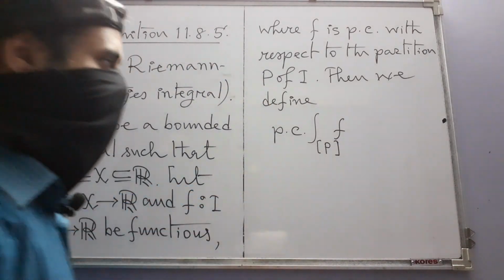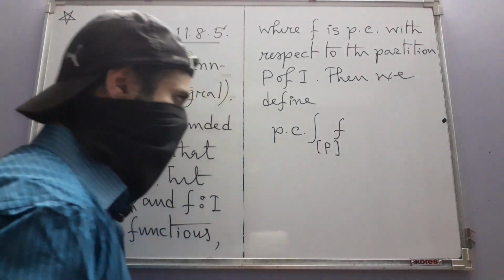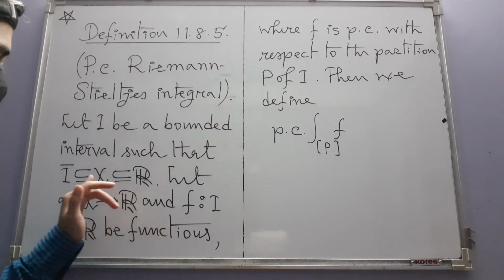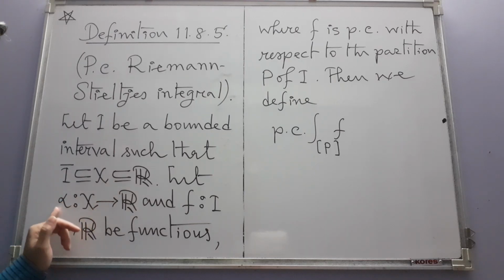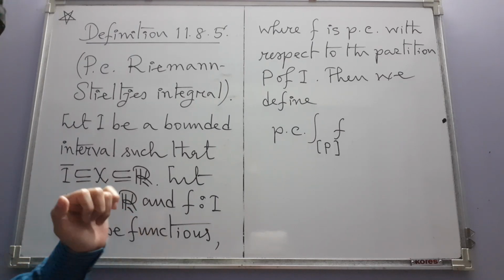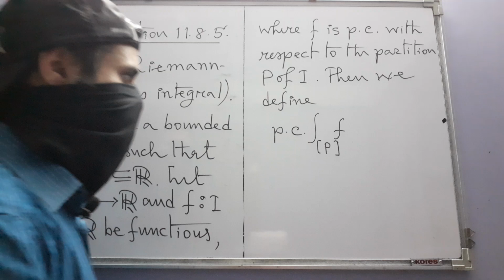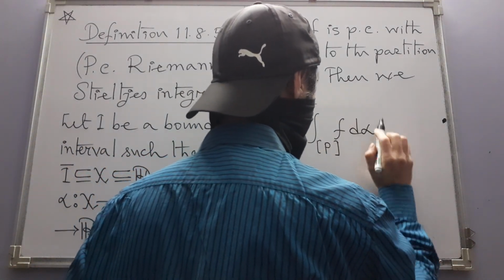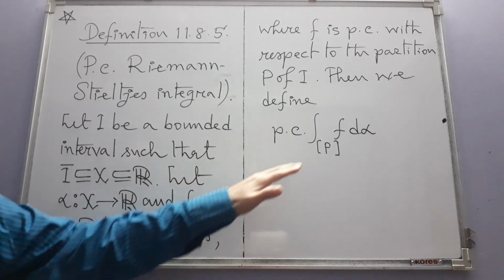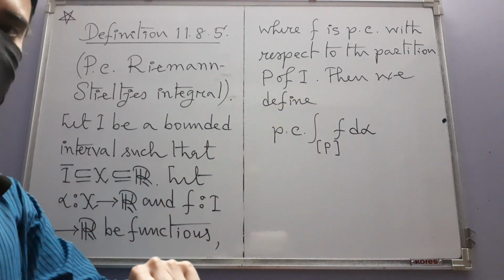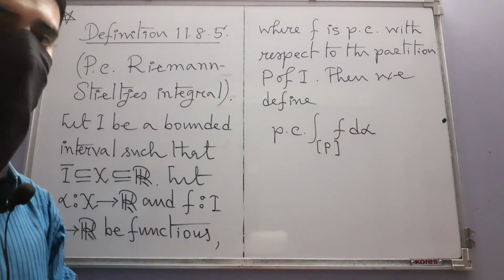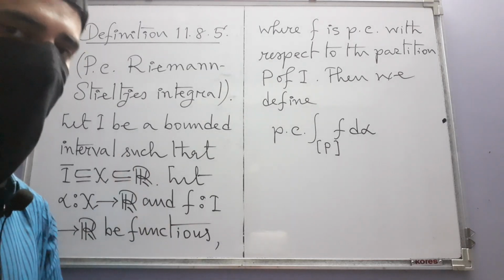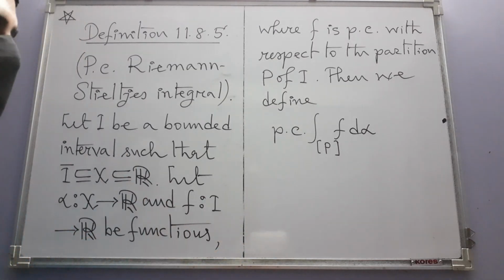So we denote that fact by writing like this, but at the same time we want this to be for the function alpha. So to indicate the dependence of this on alpha, we write d alpha. In the notation for ordinary PC integral, we did not have this d alpha because we did not have any alpha there. Actually we had, but we are coming to that afterwards.